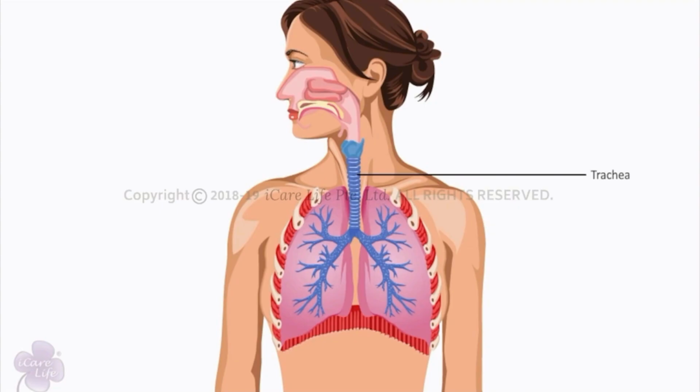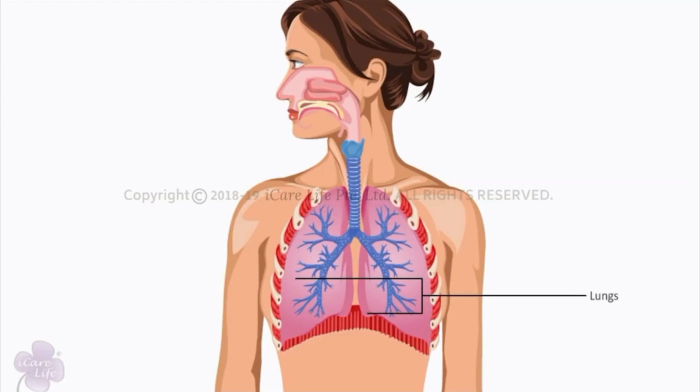These rings give a shape to trachea and keep it open. The trachea is divided into 2 tubes known as the bronchi. Each tube, known as a bronchus, extends into one of the lungs.